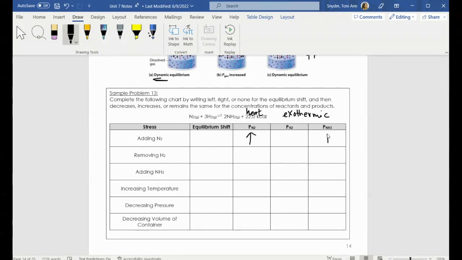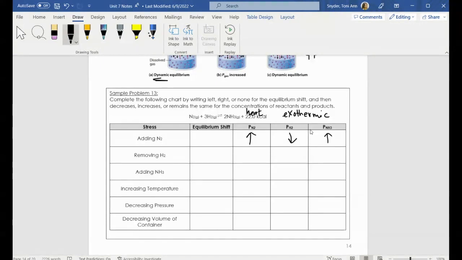So I'm going to also increase my partial pressure of ammonia. However, what does that do to my hydrogen? If I have more nitrogen that's there, and if it's going to make more product, that must mean that my hydrogen is going to have to react with it. So my concentration of hydrogen is going to go down.